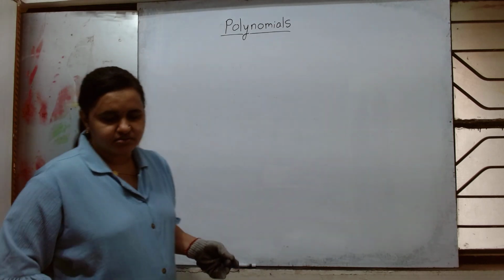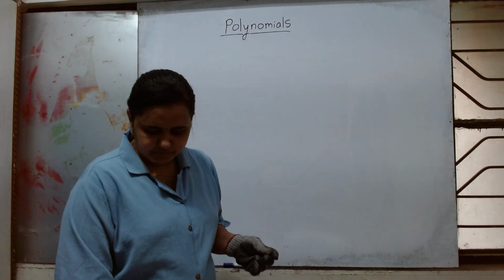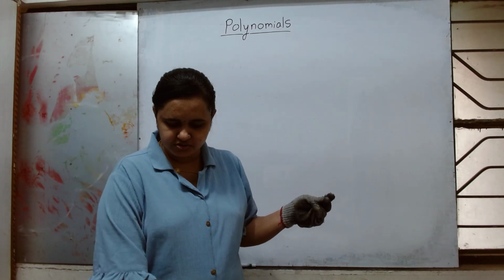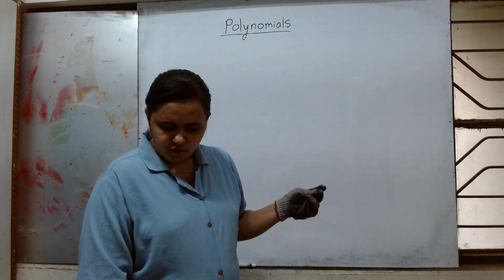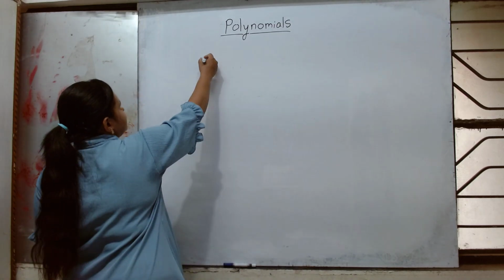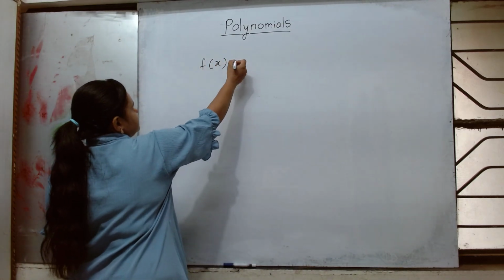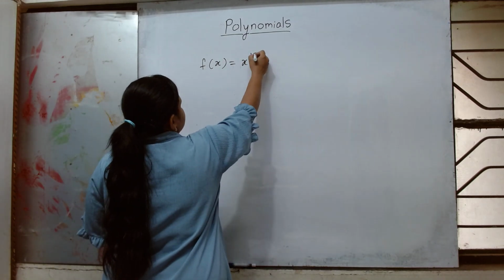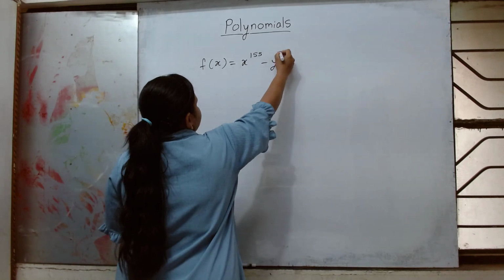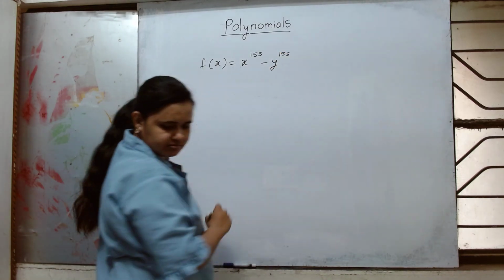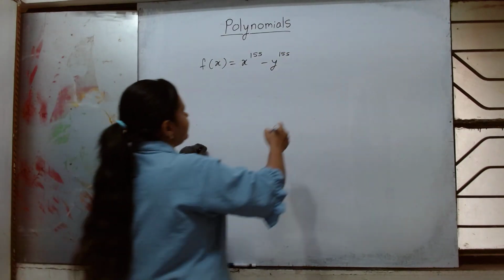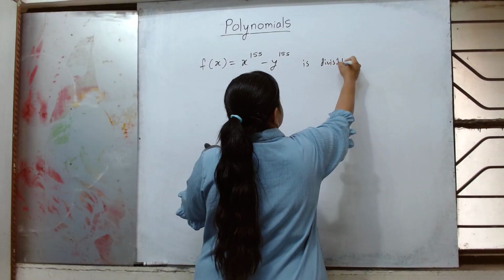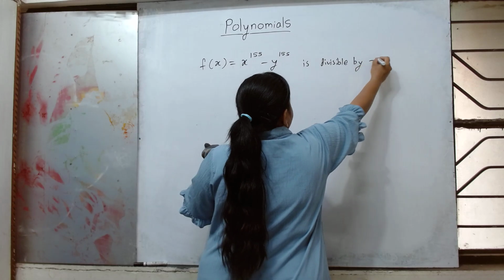Now 10th question. 10th question is statement type. We have to see whether the statements are true or false. The polynomial f of x is equal to x to the power 155 minus y to the power 155 is divisible by x minus y.